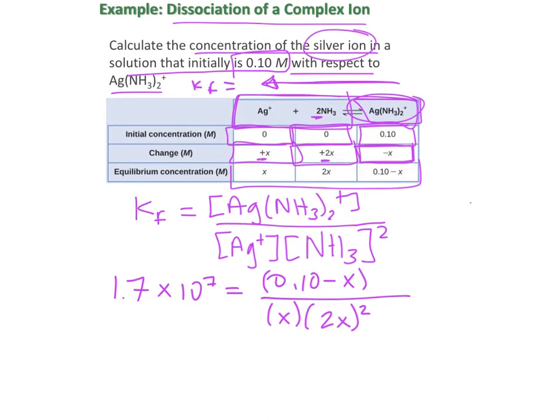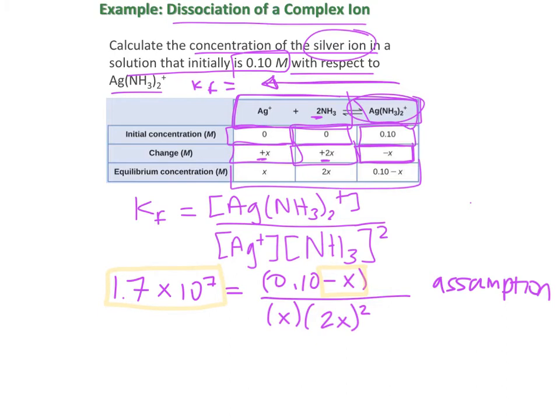So we can go ahead and do that little trick again where we make the assumption. The assumption we're making is that the change right here, I'm going to highlight it in a different color, the change in concentration is very small. And we make this assumption because we know that the equilibrium constant is very big in this case.